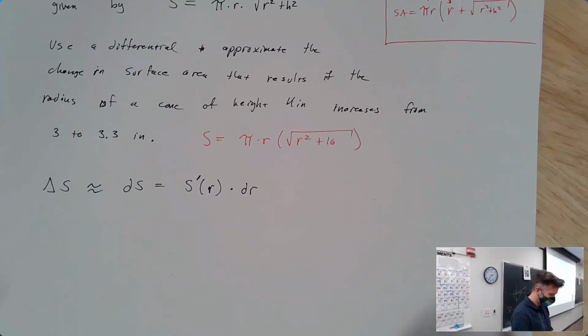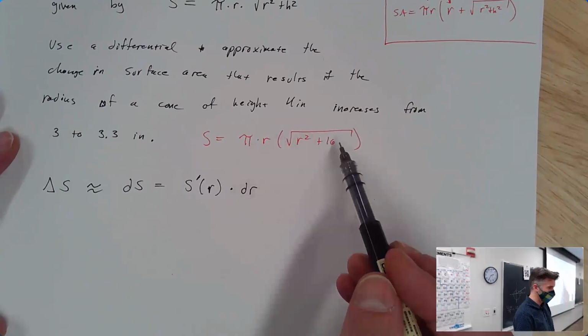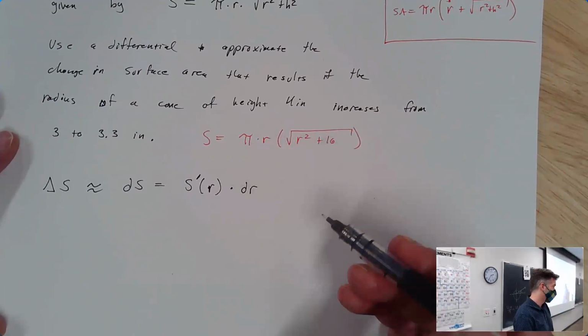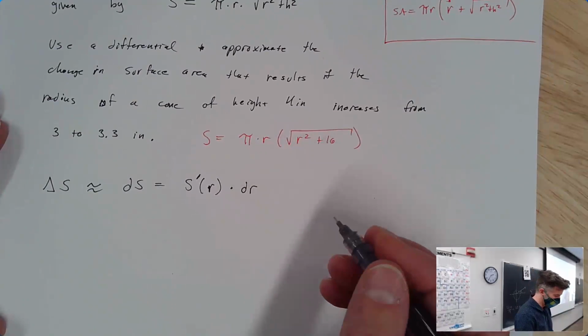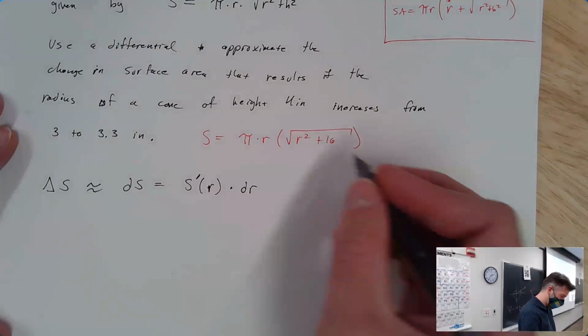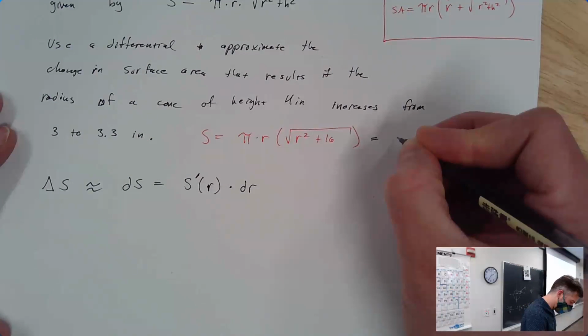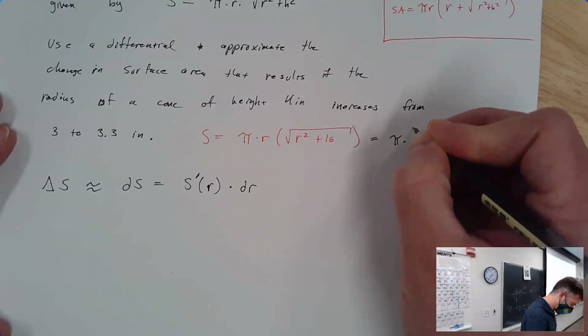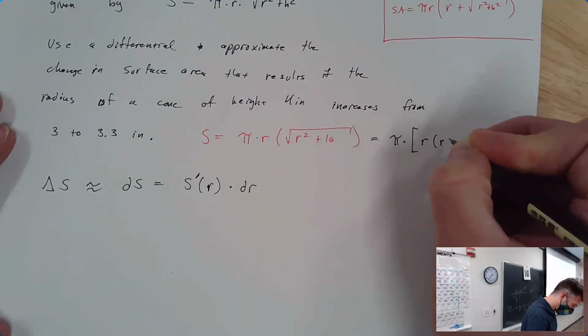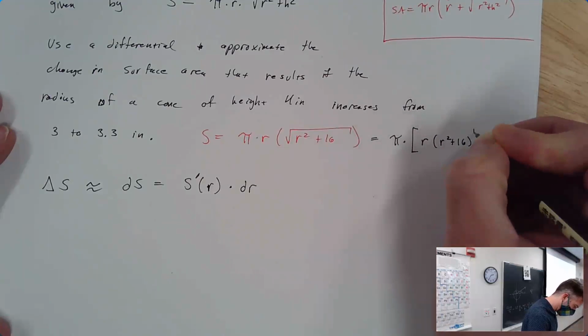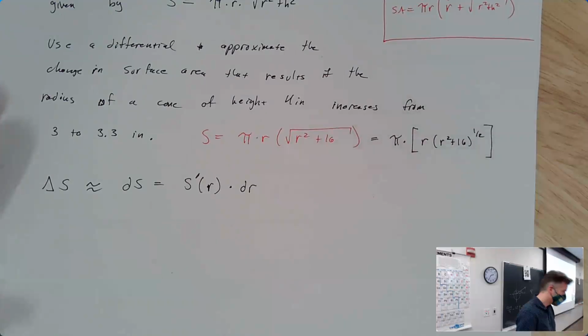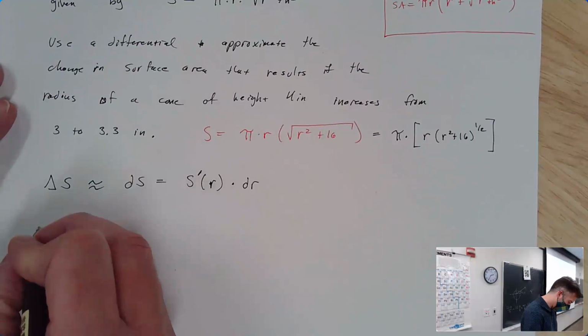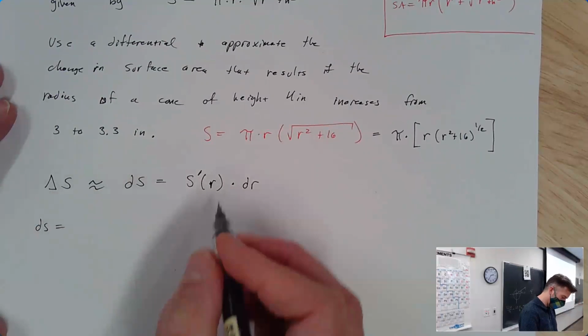All right, this is going to get a little bit messy because our derivative is going to require the product rule. Oh well, that's life. Sometimes that happens. So I would probably re-express this as pi times r squared plus 16 to the 1/2 power. Make it a little easier to differentiate. So ds is going to equal the derivative of that.